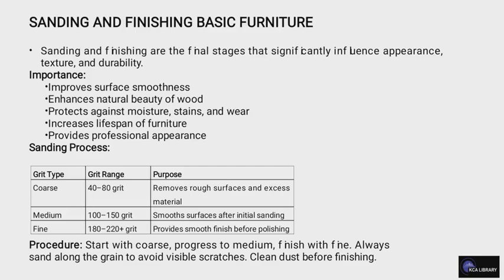The next is medium, and the range is between 100 to 150 grit. The purpose is to smooth the surface after initial sanding. And the next is fine, which is 180 to 220 plus grit. The purpose is to provide a smooth finish before polishing.